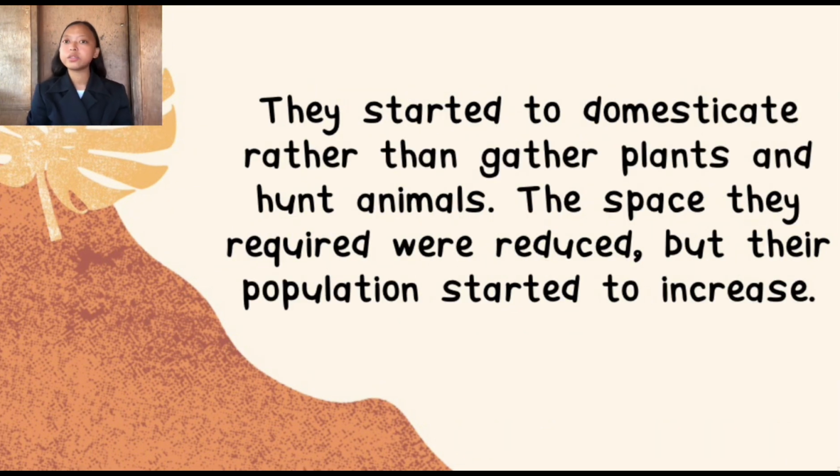Natufians and the other groups began domesticating plants and animals. The shift from foraging to farming has led to more stable food sources and enabled greater population densities, laying the foundation for early towns and division of labor.